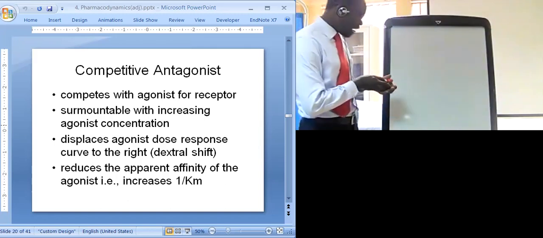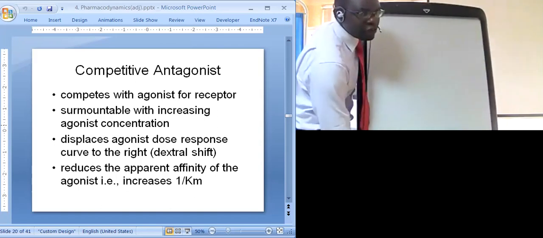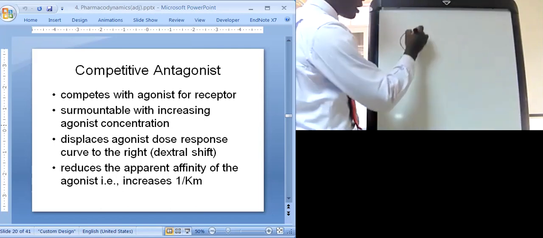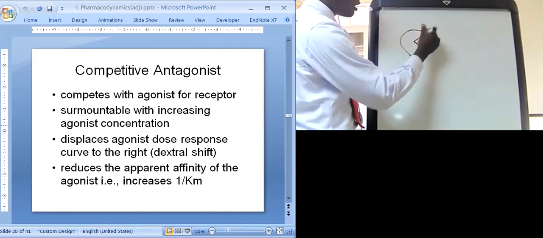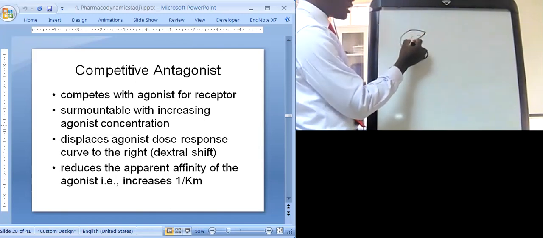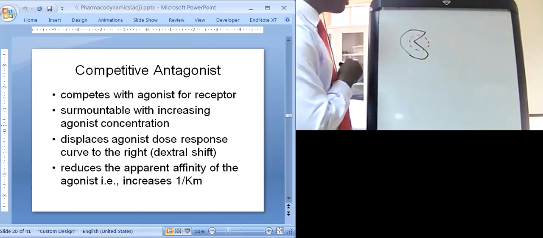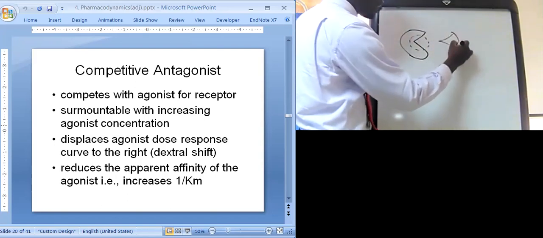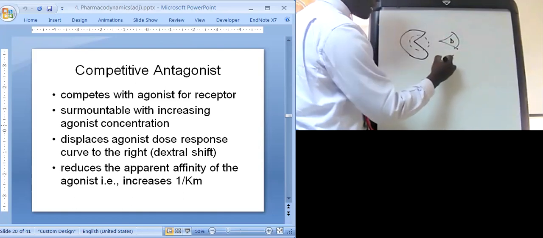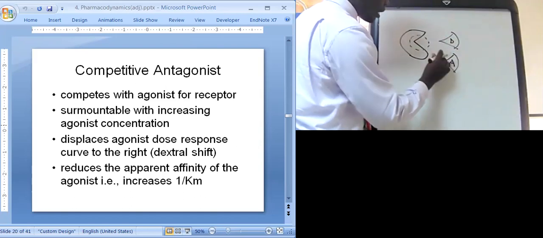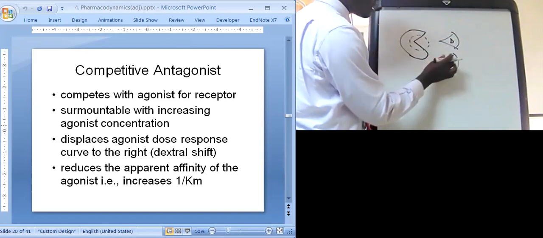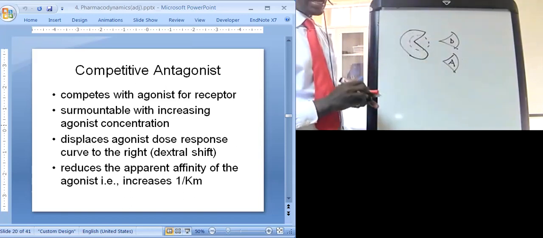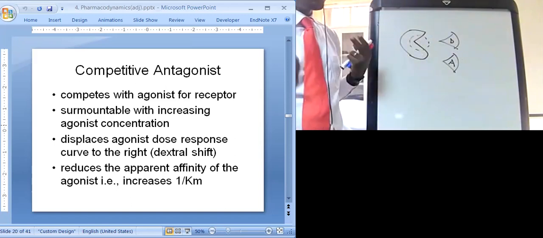If this is our receptor, and this is the place where either the agonist or antagonist should bind, what happens is that if we have our drug here, D, and we have our antagonist here, maybe A, both of them compete for this site, and therefore it is referred to as competitive antagonism.